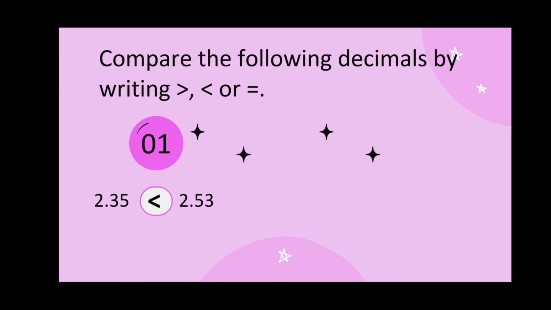Number 2, 6 and 5 tenths blank 6 and 500 thousandths. As you can see, equal ulit ang whole number parts. And same goes with their tenths place values. Equal din sila.